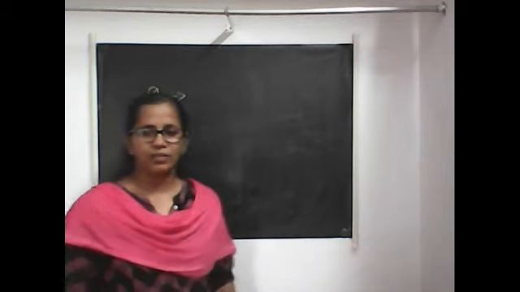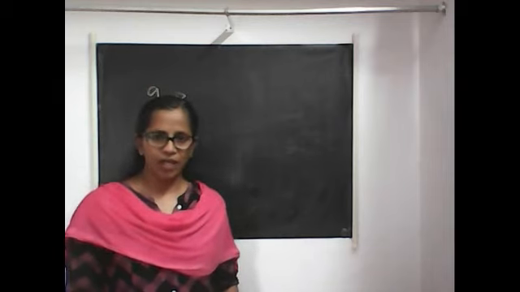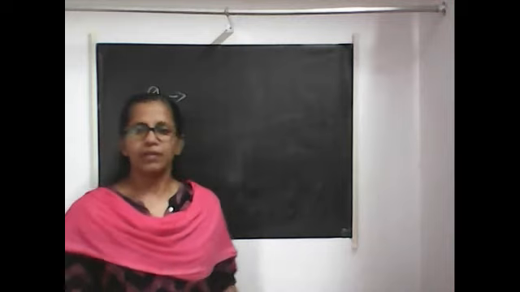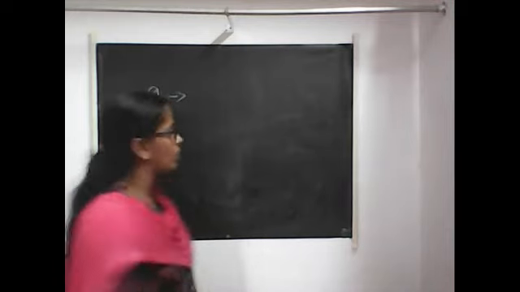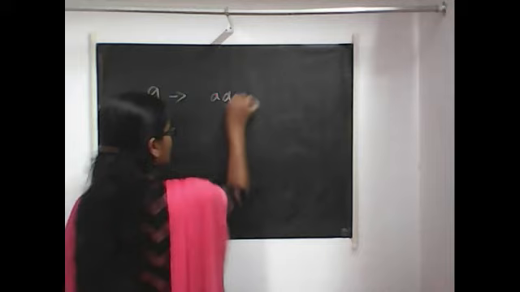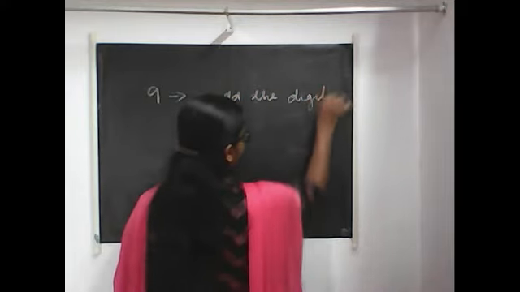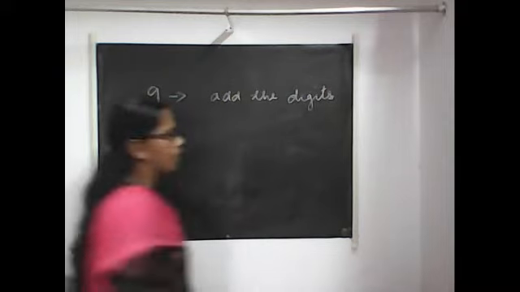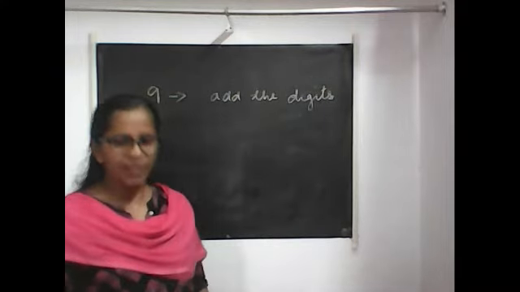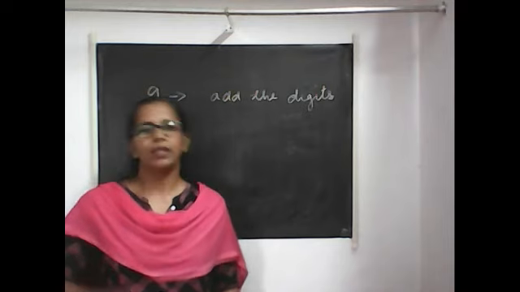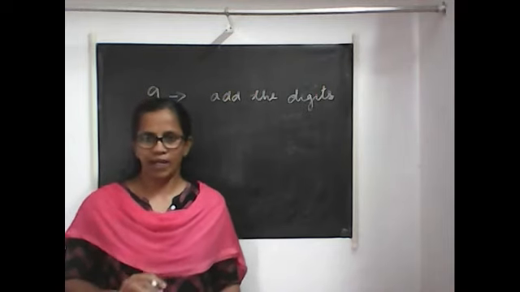Just like 3, for 9 also you have to add the digits of the given number in the same way. If that sum is in 9's table, if that sum is divisible by 9, then the whole number is also divisible by 9.